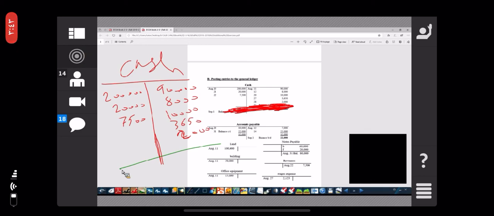So the total amount for debit was 227,500. And for credit, the total amount was 113,650.